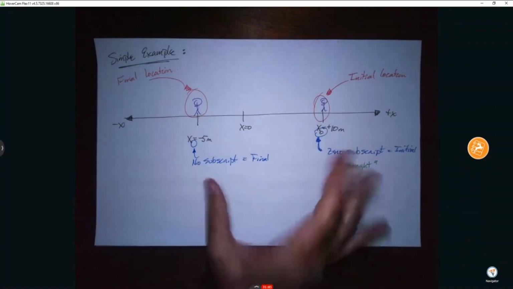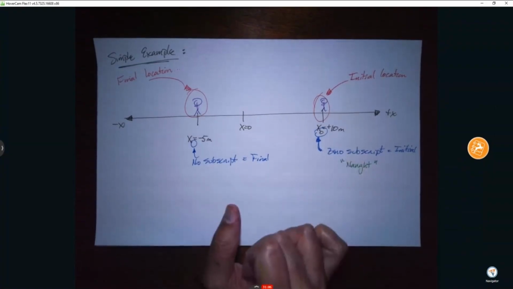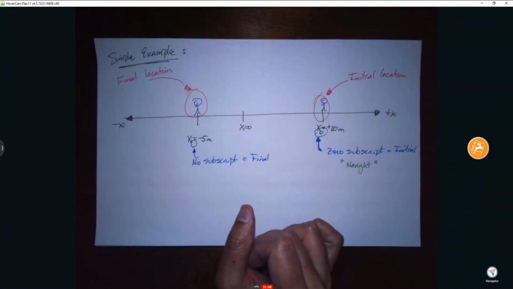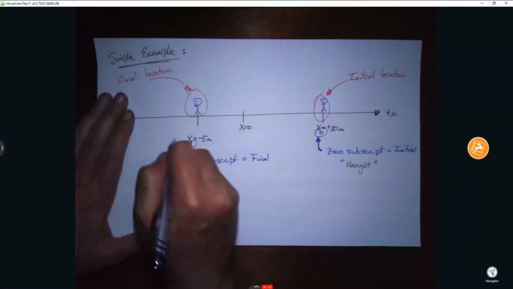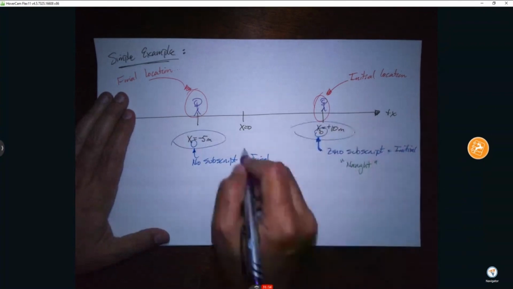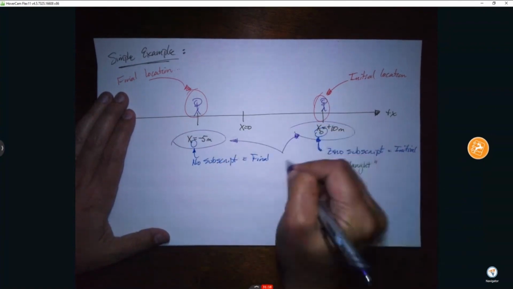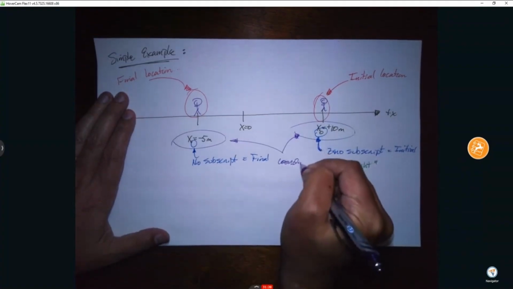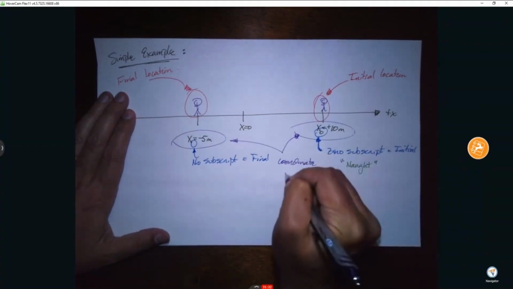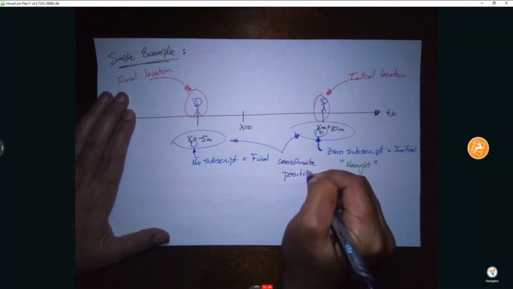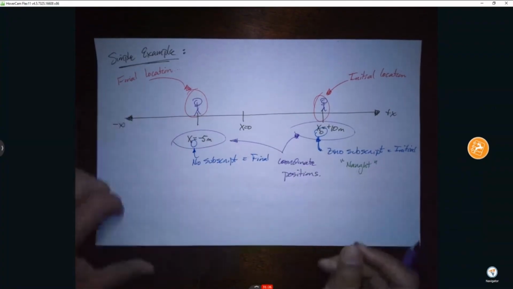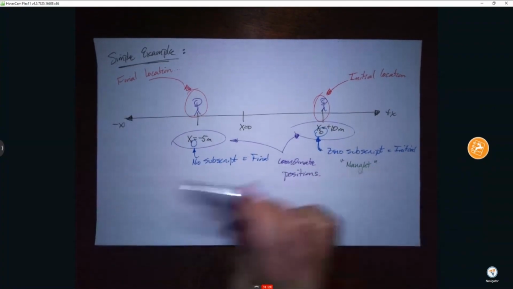All right, and so these are the coordinate positions. So these are our scalar values.